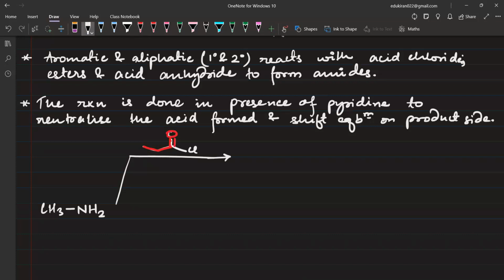HCl बार में निकल जाएगा. तो आपने इसको ऐसे ही बनाया, C डबल बॉन्ड O इज एज इट इज. यहाँ पे नाइट्रोजन विथ 1 हाइड्रोजन एंड CH3.